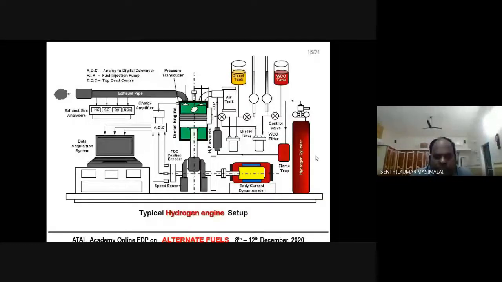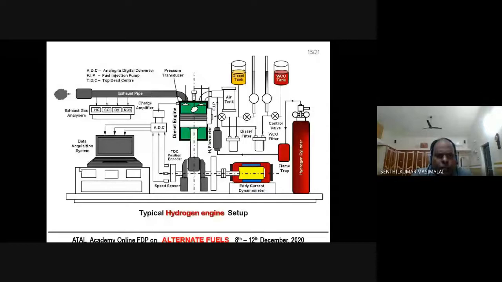So this figure shows a typical laboratory experimental setup for using hydrogen. Actually, this setup is for the dual fuel engine in the laboratory. This is the engine coupled with the dynamometer. Here we have the emission analyzers connected with the exhaust pipe.